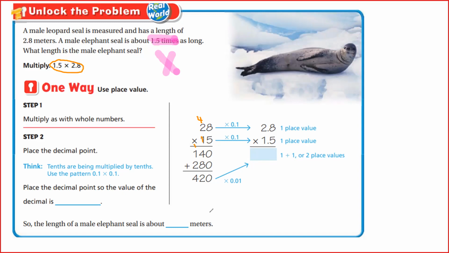Then after that, you will count how many digits. Here you have 1 digit and here 1 digit. So how many digits in all?